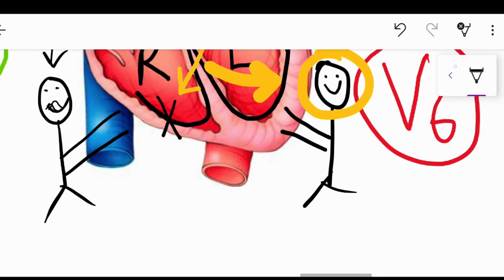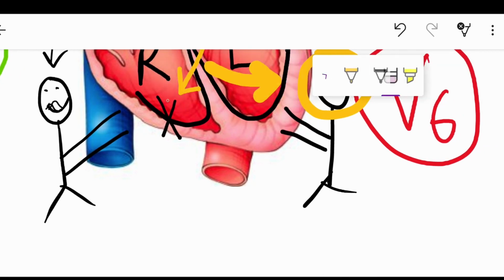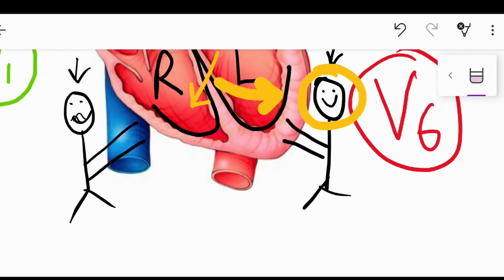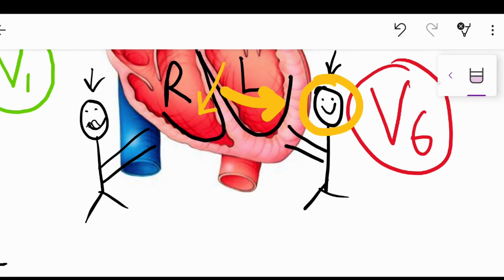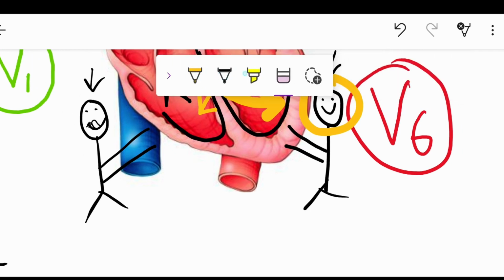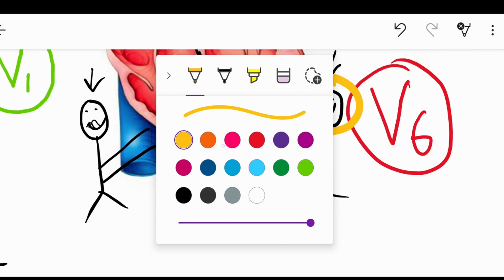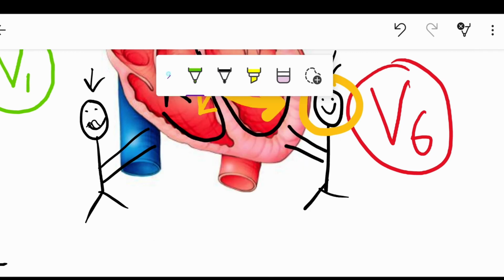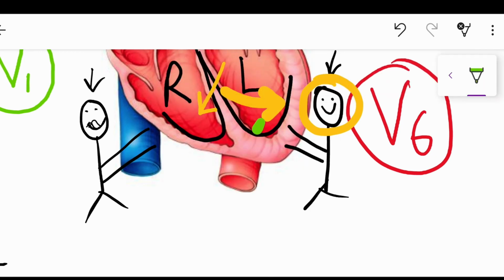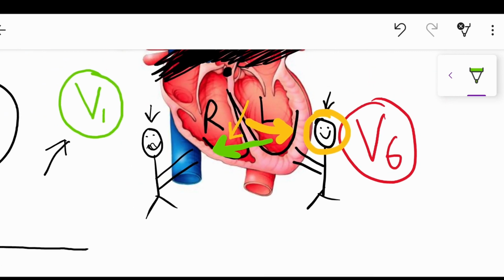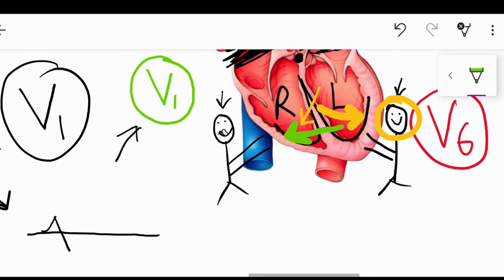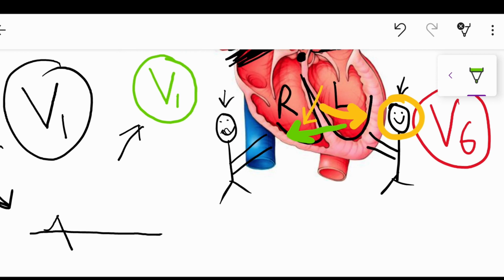So then what happens? Well, this guy decides to wake up and he demands his impulse back. He wants it back, so this guy basically agrees. He gets his impulse back. What's going to happen if a wave moves towards its perspective lead?